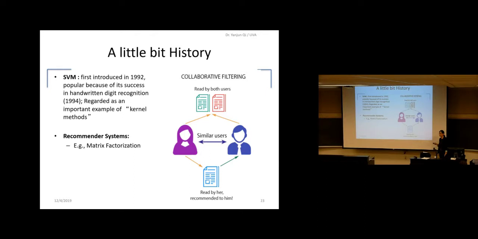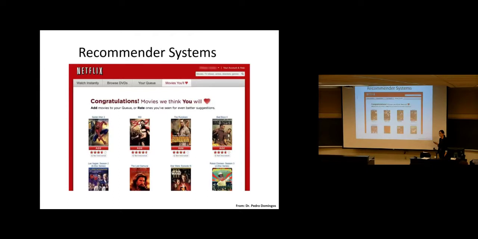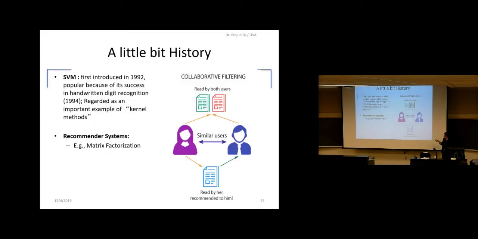Okay, so these are the five tribes. I think you all know the Netflix competition, and the winner of the $1 million prize was based on matrix factorization plus a nearest neighbor approach. These are all in this crowd, and this is actually a very influential crowd in a lot of industry settings.